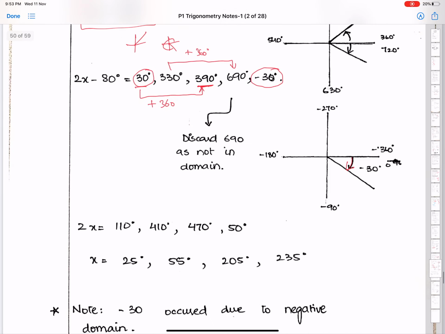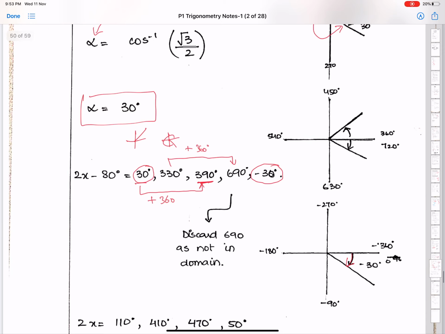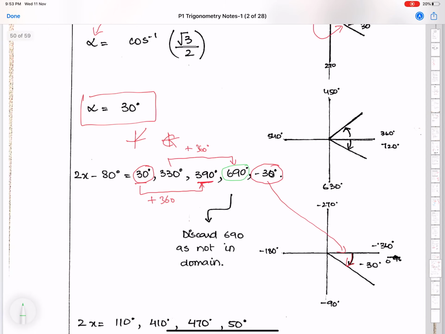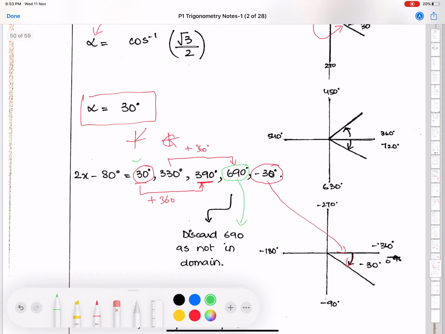That is why I worked in clockwise direction and got this minus 30. And you need to discard 690. You must remember that this answer is outside the domain, therefore you need to discard it. So finally you have 30, 330, 390, minus 30.